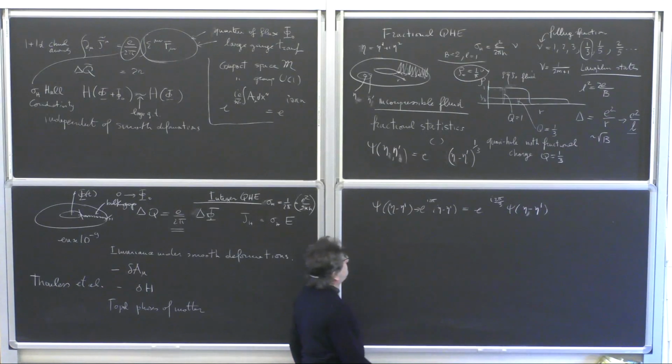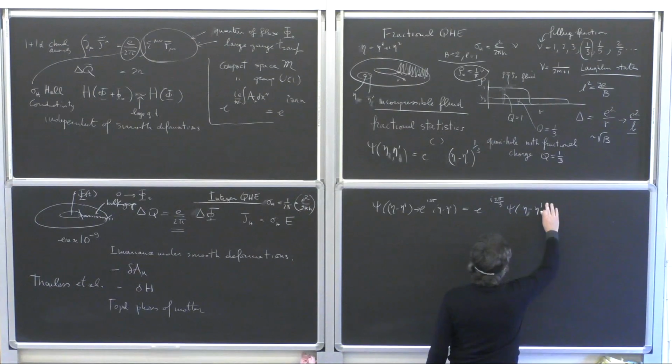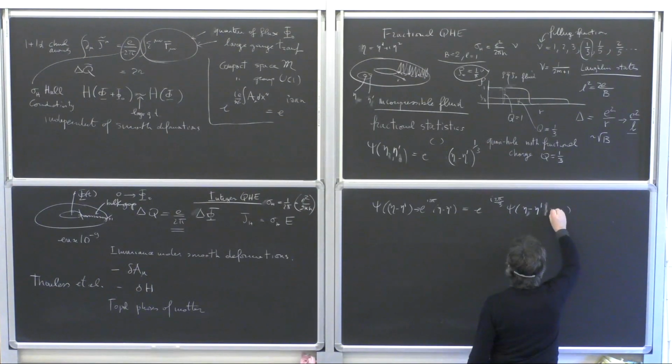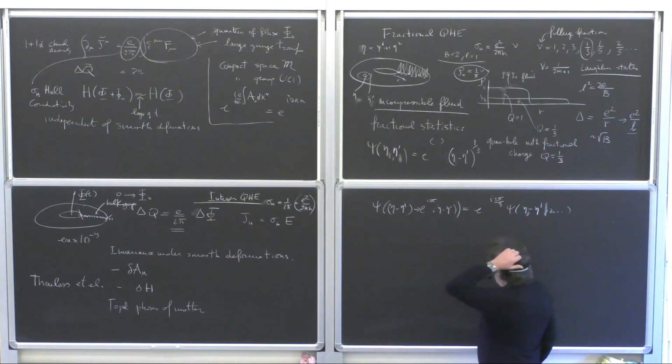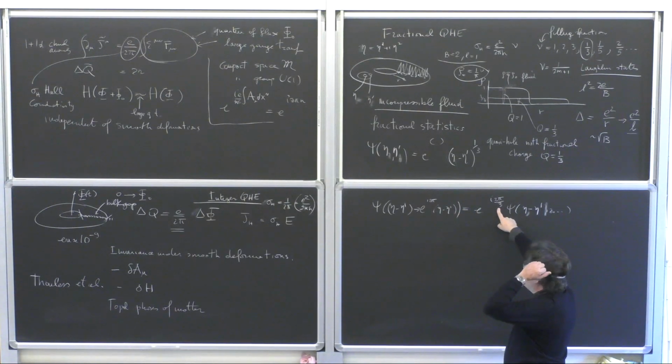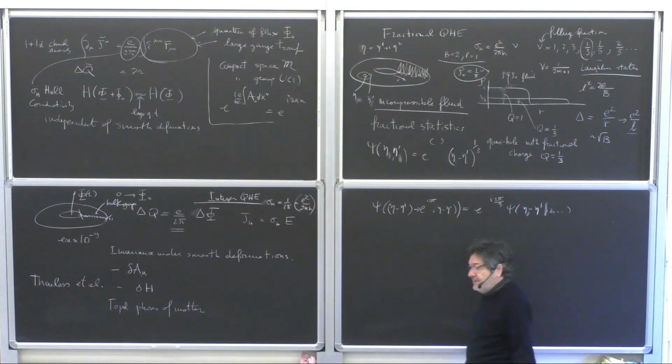And then, of course, there are all the electron coordinates here, like Z1 to Zn for the electrons. Okay, so this is a statistical phase. It's not a fermion, not a boson, but something in between.